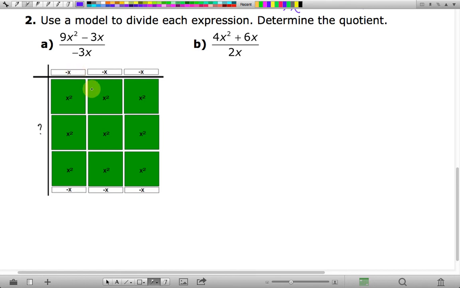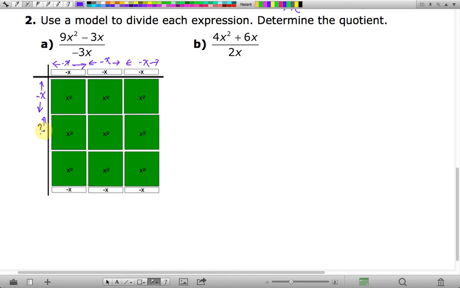So since we have negative x across here, it has to be times negative x here in order to get that area of positive x squared. And again, with this one, because it's negative x, multiplying that by negative x will give us positive x squared.